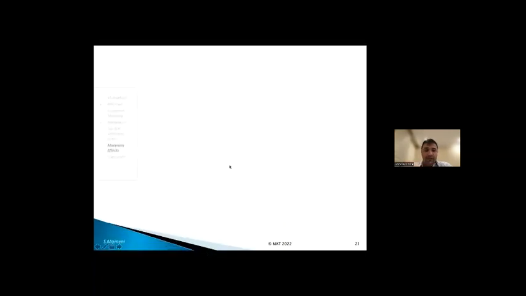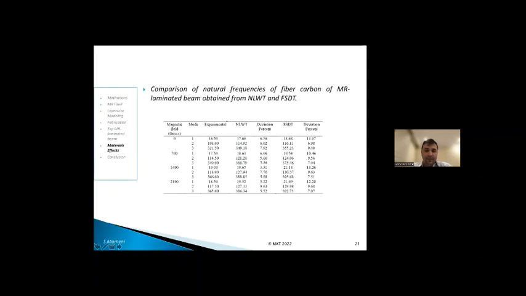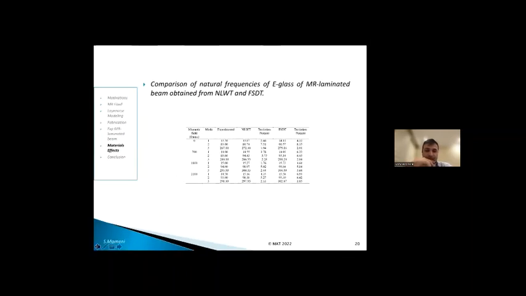The deviation percent in this table shows that the accuracy of the N layer of the layer-wise theory is much more accurate than the FSTT.